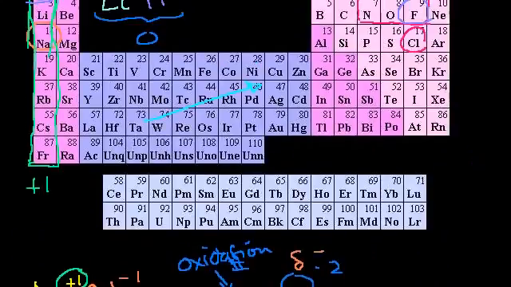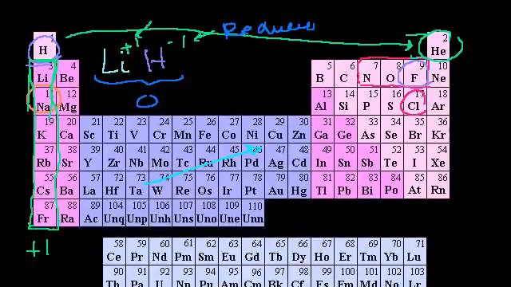Let me give another example. In this case, I had hydrogen bonding with these guys, and hydrogen is the one that took the electron. But let's say I had OH minus.